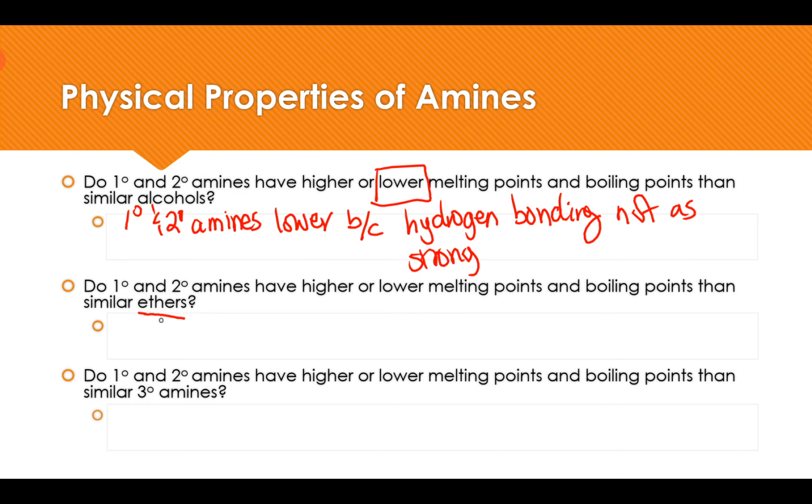Ethers were not capable of hydrogen bonding, but primary and secondary amines are capable of hydrogen bonding. That's going to boost up their melting points and boiling points. And so ethers have no hydrogen bonding.